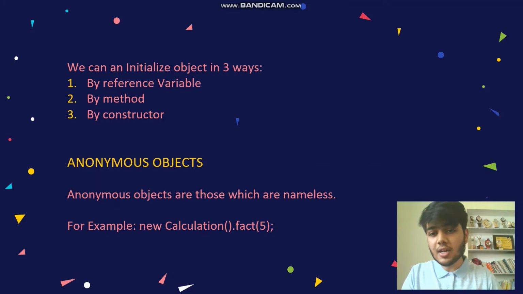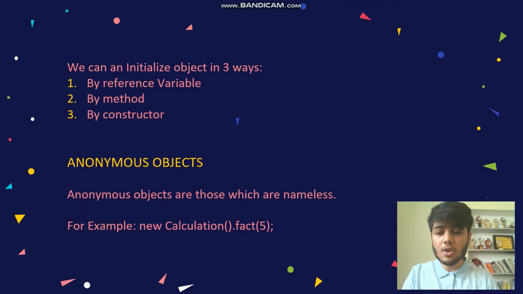We can initialize objects in three ways: by reference variable, by a method, or by a constructor. We'll look at how to do this. Another thing in Java is that we have anonymous objects. To create anonymous objects, we don't have to assign them to a separate variable.